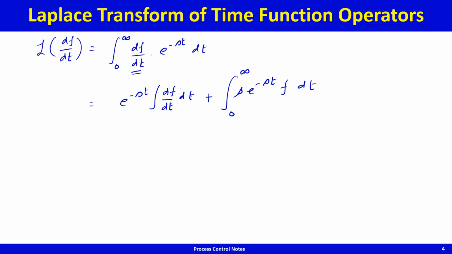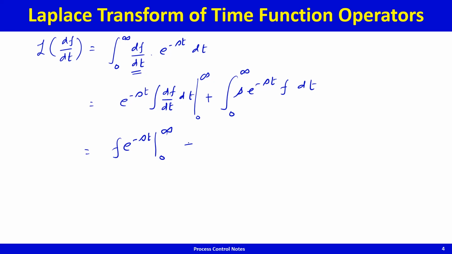So this integral will also be f, but then the limits are 0 to infinity, so this guy is going to be e to the power minus st times f, 0 to infinity.